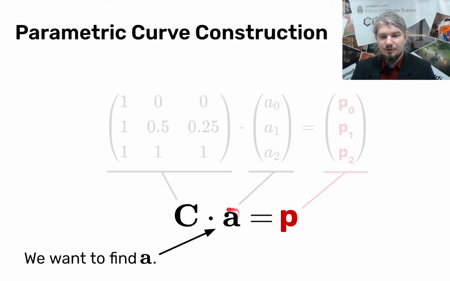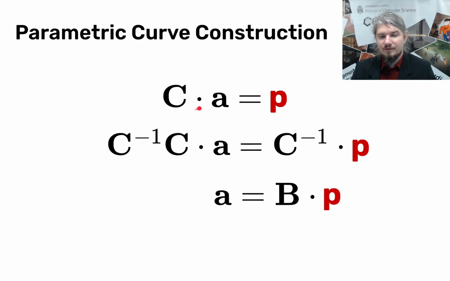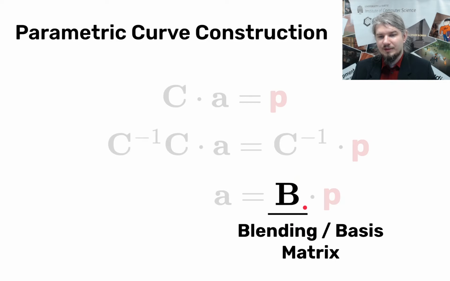Our goal is to find A. So when we have C times A equals P, we can just multiply both sides from the left with the inverse of C, resulting in the inverse of C times C times A is the inverse of C times P. Well, this left part here cancels out, and we see that this vector of unknowns actually equals another matrix, an inverse of our constraint matrix, times P. This B here, which is the inverse of the constraint matrix, is called the blending matrix or the basis matrix.